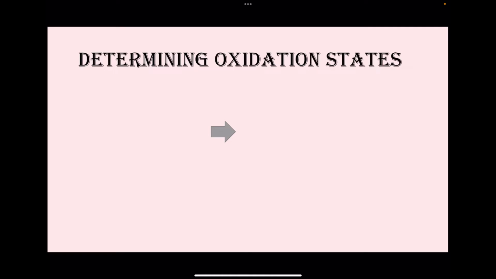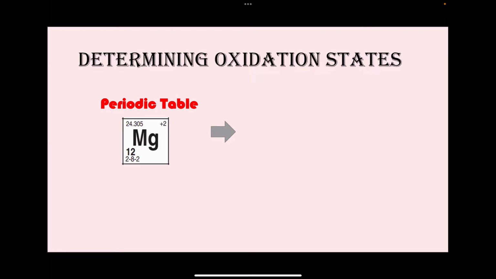Now that we are talking about oxidation states, this is the backbone or the foundation of the redox unit. So let's make sure that we all understand how to determine the oxidation states. We can look at the periodic table, where we are given the oxidation states in the upper right hand corner.